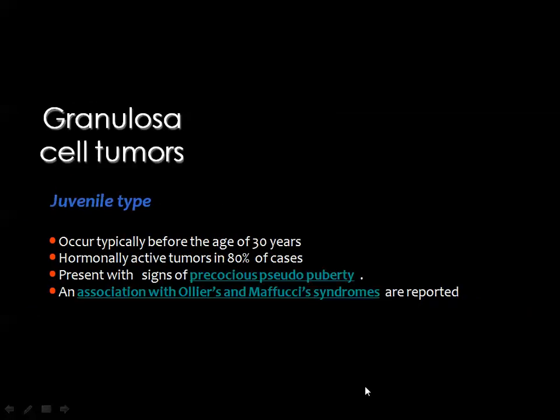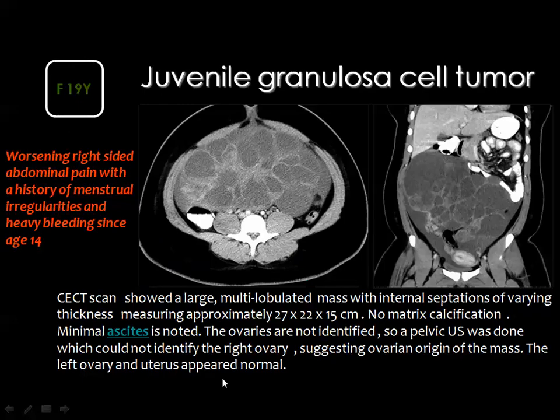The juvenile type usually presents before the age of 30 years, and these are hormonally active lesions that may present with signs of precocious pseudopuberty, and the association with Ollier and Maffucci syndrome is known in the literature.